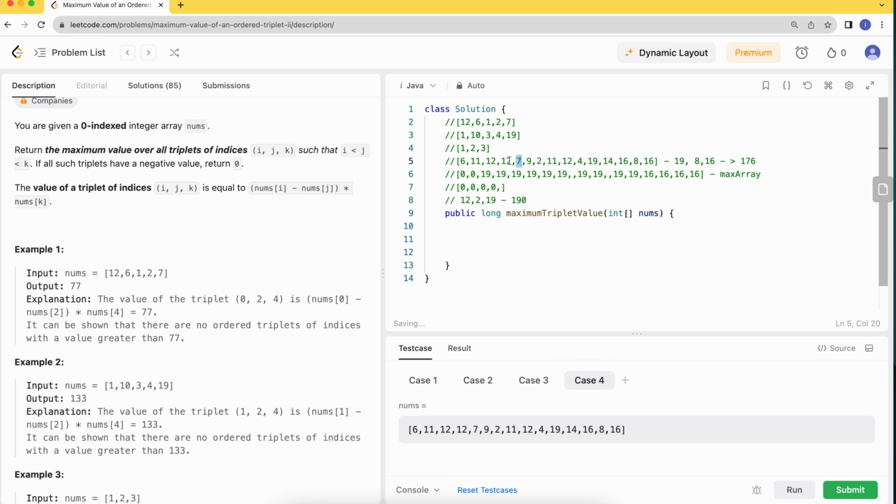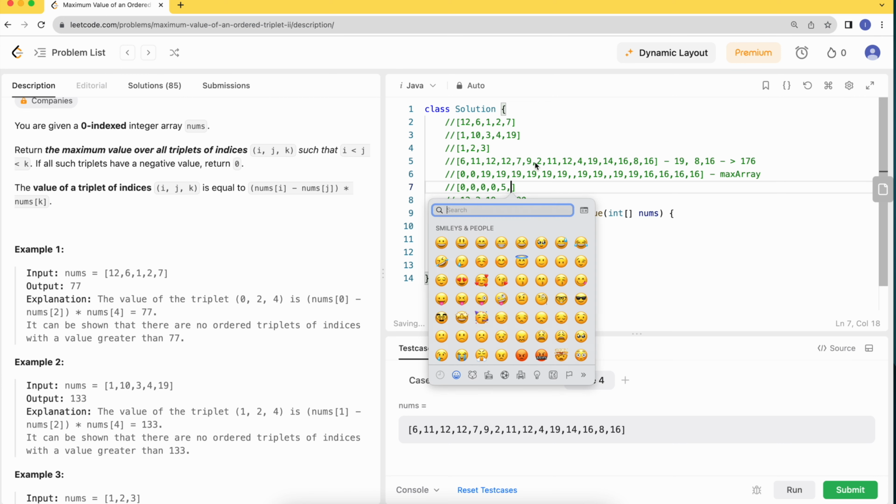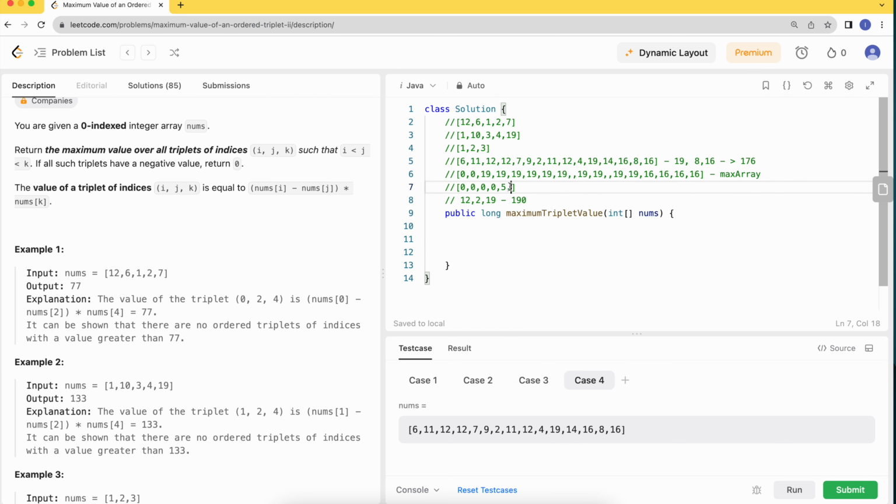Now we have 7, so maximum so far was 12, 12 minus 7 is 5, then we have 9, so 12 minus 9 is 3, then we have 12 minus 2 is 10, 12 minus 11 is 1, 12 minus 12 is 0, then 12 minus 4 is 8, then we have 12 minus 19, which is negative, so we'll keep 0 here.